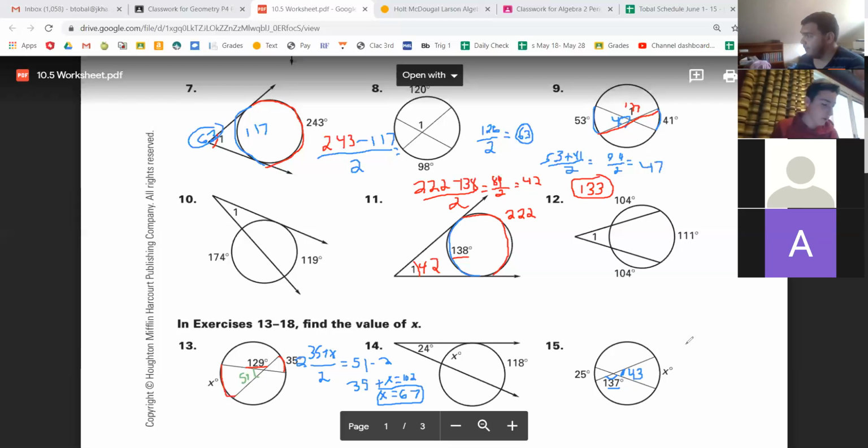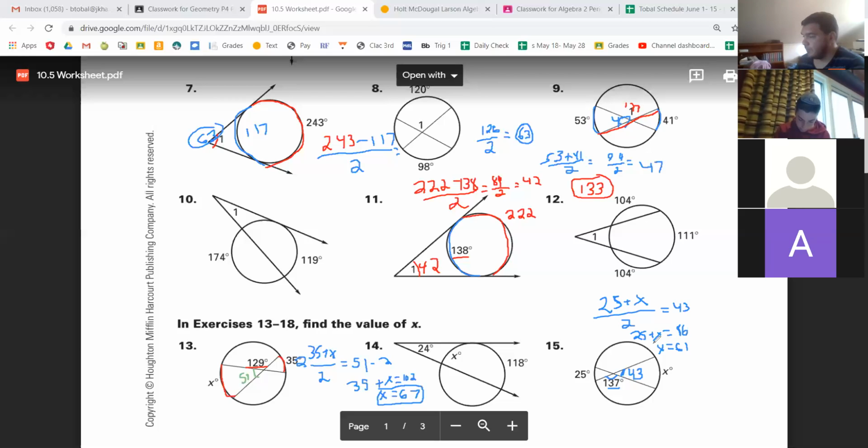And from there, we can solve it. 25 plus x over 2 equals 43, times 2 on both sides, 86. 25 plus x minus 25 both sides, x equals 61.